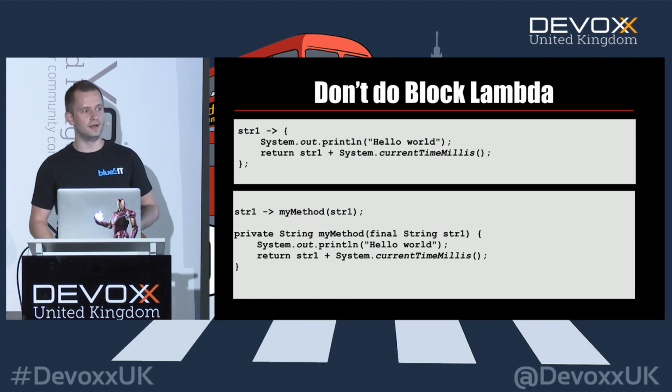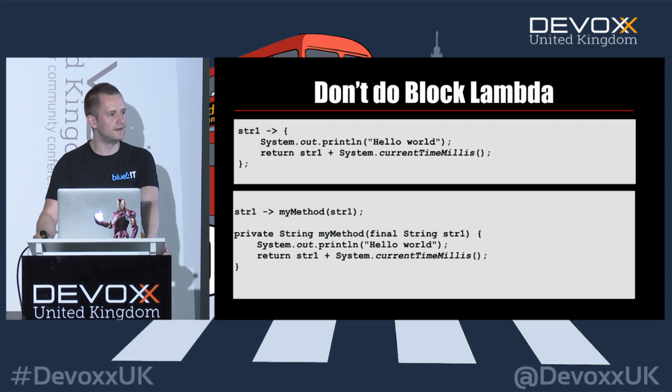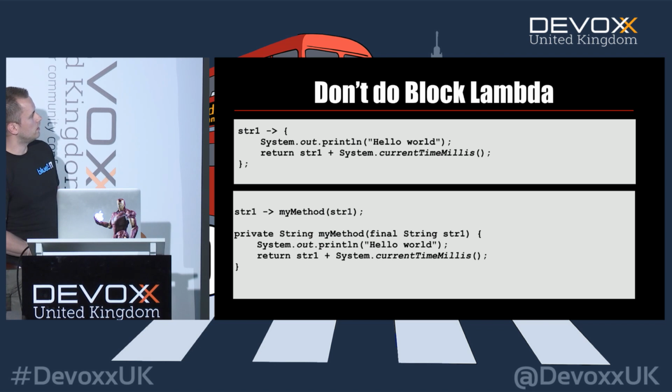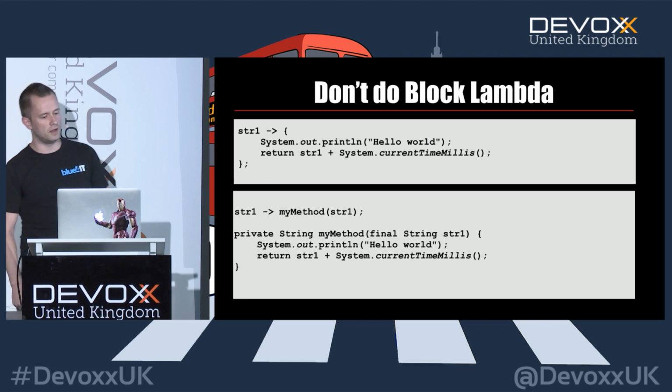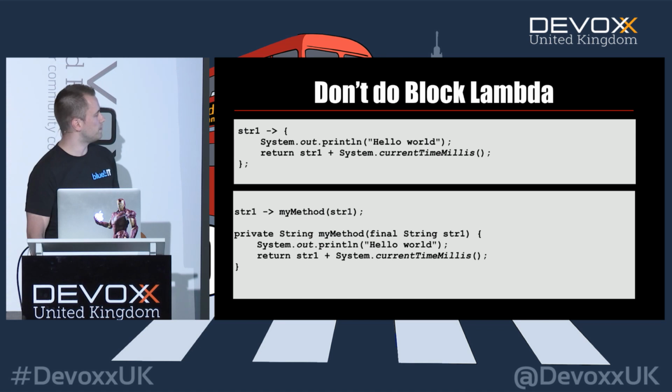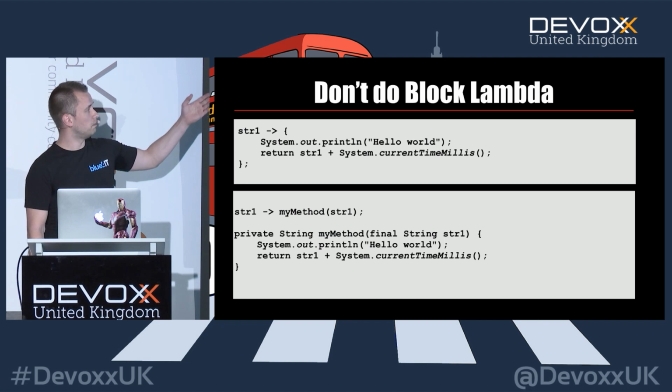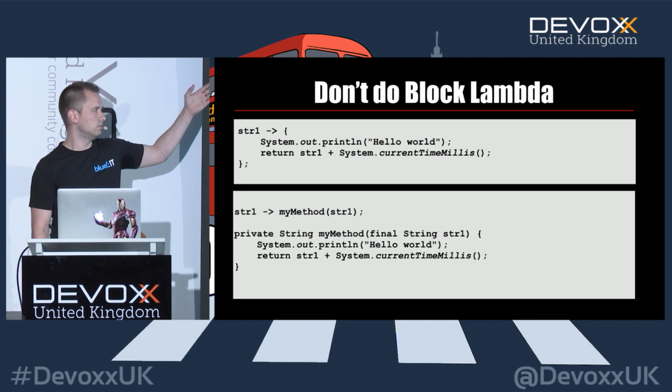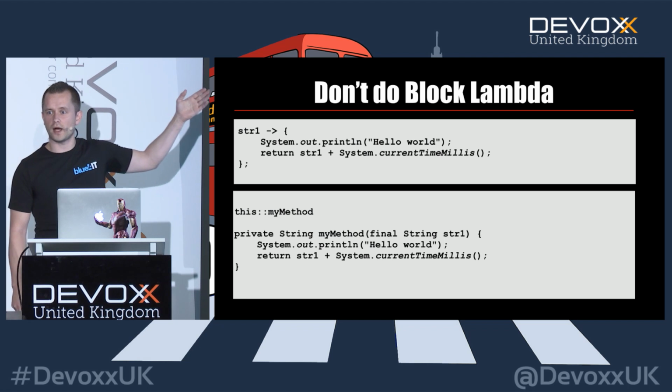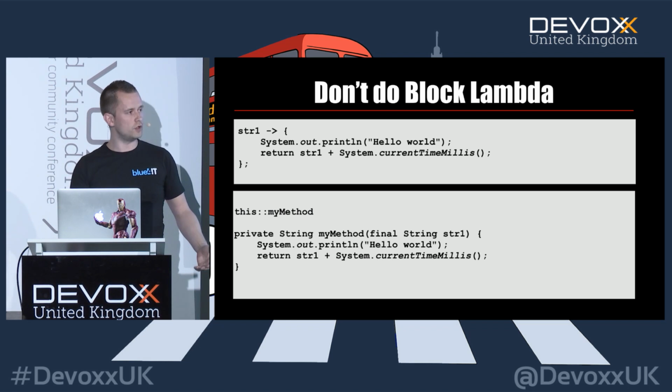Silly example, I know, but naming is the hardest thing we have, right? How do I name my function? But if I give it a proper name and it describes what I have to do and what I'm doing with it, I can call my lambda in 1 line, or I can do a method reference, whatever you want.